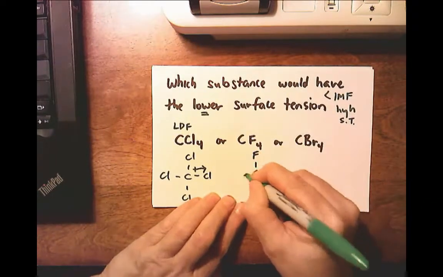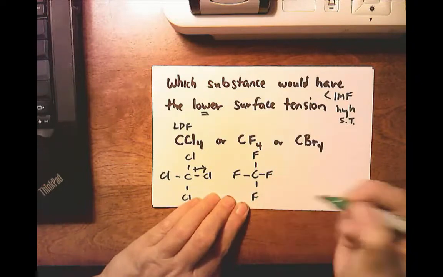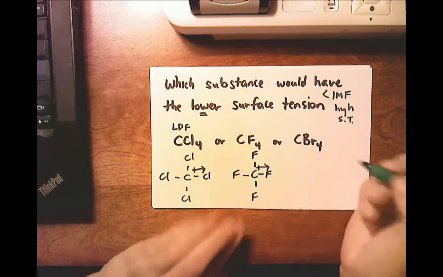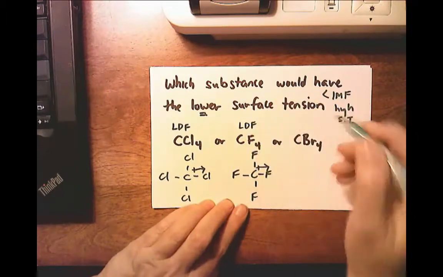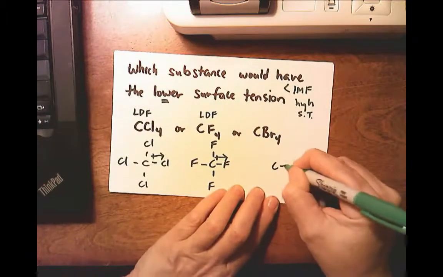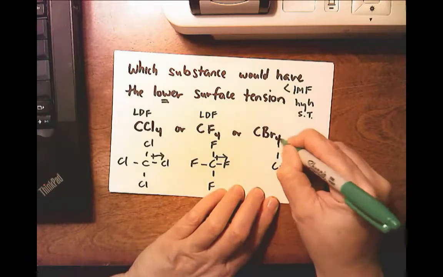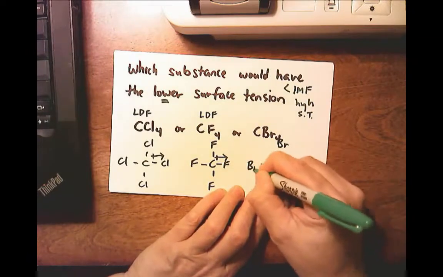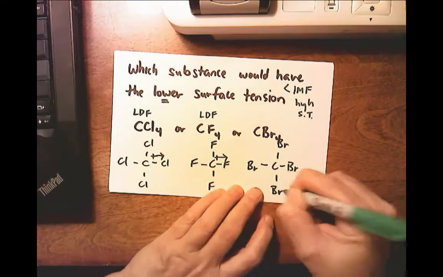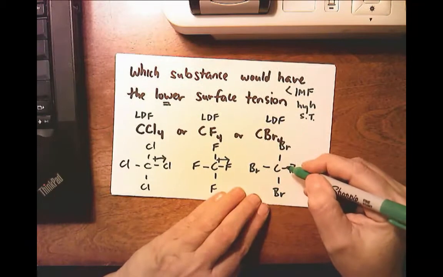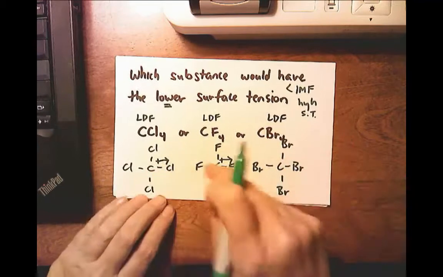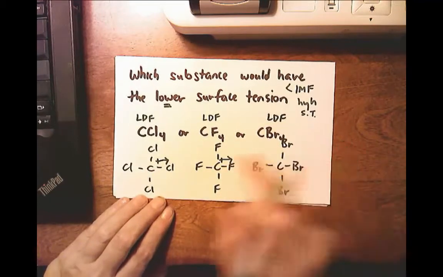Even stronger polar bonds, but because of its symmetry, London dispersion. And then carbon tetrabromide. Okay, so now how do we decide? Because they all are nonpolar because of symmetry, so all LDFs.